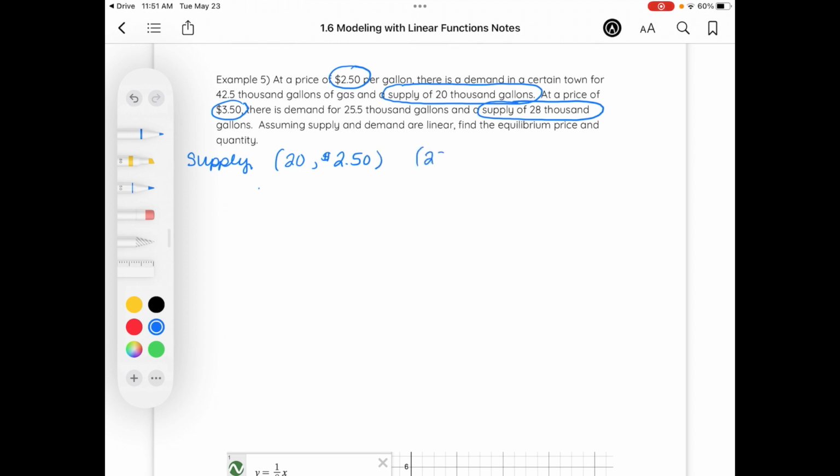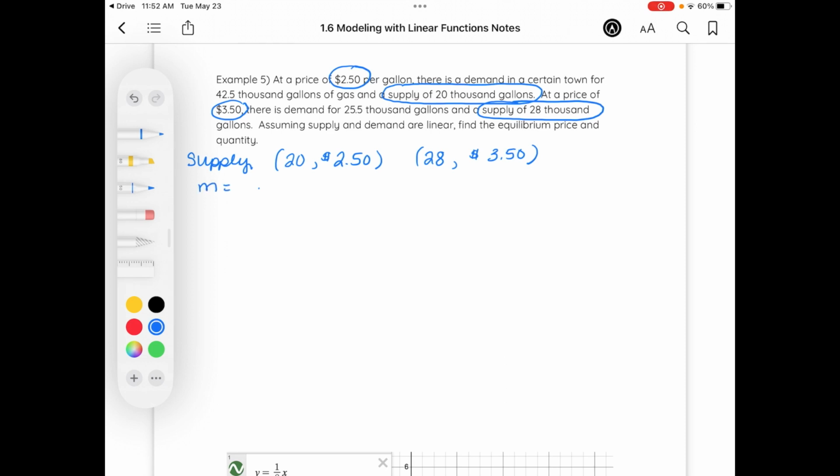I also have a supply of 28,000 gallons at the price of $3.50. We can assume that these are linear as it's stated, and let's find the equation associated with this.